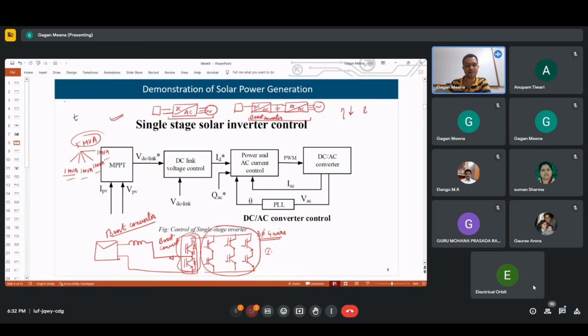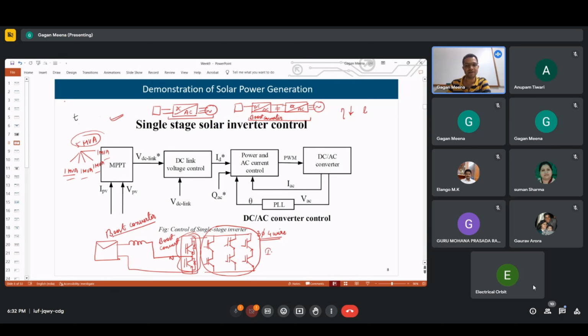So these are dual stage converters. In PV also, if we have DC-DC and then DC to AC, these are back-to-back converters with three-phase inverters. If it is a single stage three-phase inverter, it is an interlinking converter.